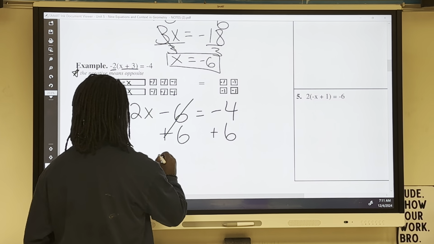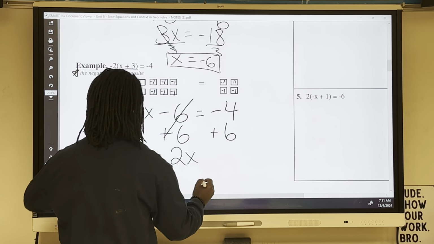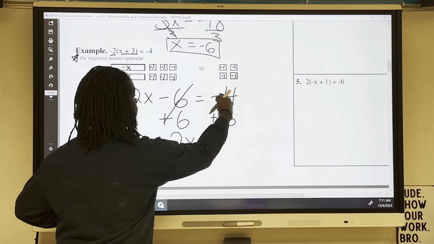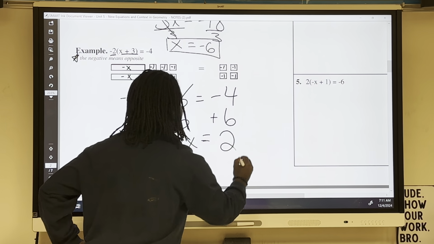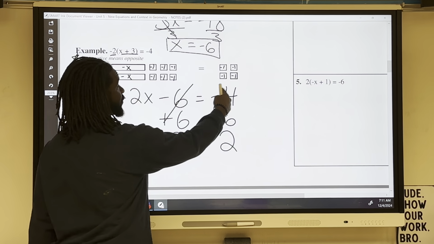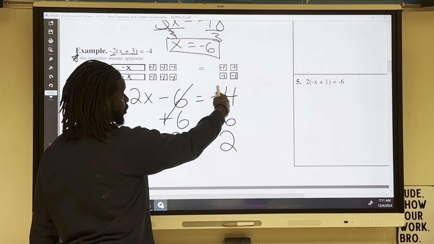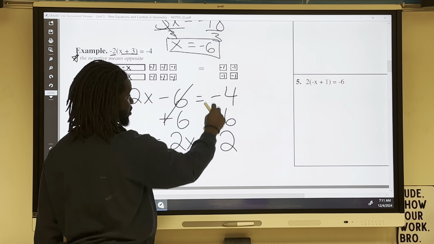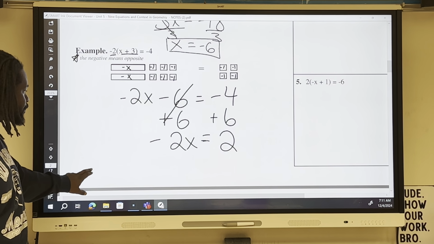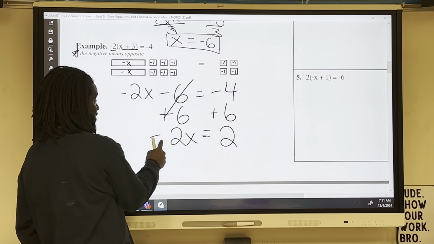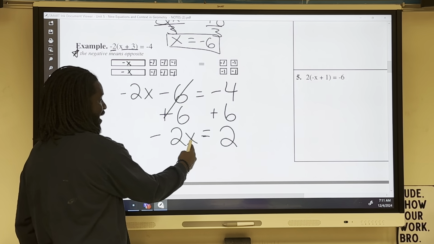So that cancels out. Now I have negative 2x equals negative 4 plus 6, and that is going to give me a positive 2, right? Because the 4 and the 4 are going to give me 0 pairs. Those are going to cancel out, and I'm going to be left with 2 positives, okay? Now, this is negative 2x, right?